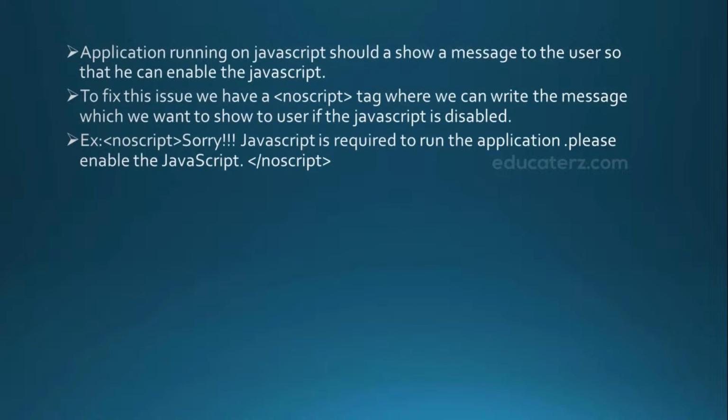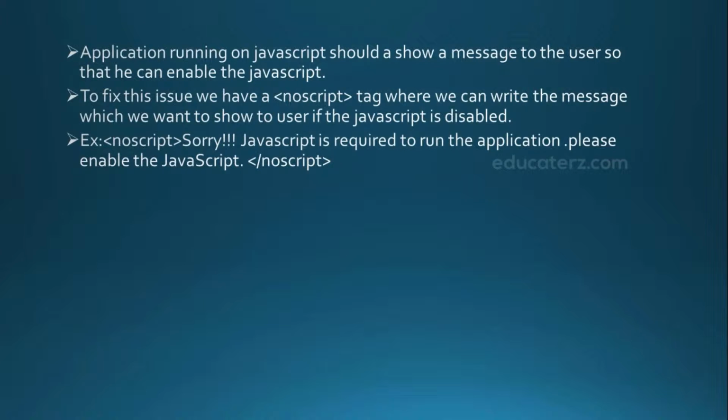But the applications running on JavaScript should show a message to the user so that he can enable the JavaScript, or else the user will not understand why the application is not responding. So to fix this issue, we have a noscript tag where we can write the message which we want to show to the user if the JavaScript is disabled.